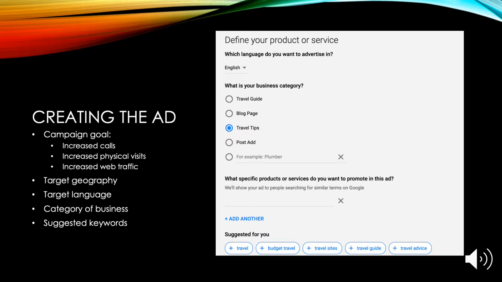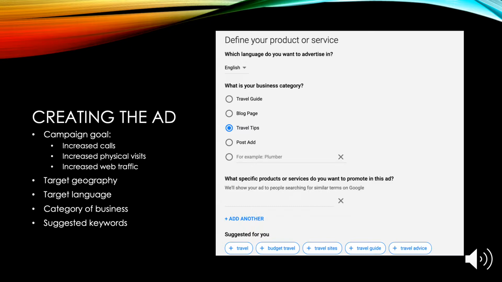Creating the ad. When creating a campaign, Google AdWords determines the goal of the campaign: receive more calls, increase physical visits, or increased web traffic. The geographic area and language is selected, as well as the organization's category of business. Google AdWords asks for services and/or products for the ad, and then suggests keywords to attract a wider audience.